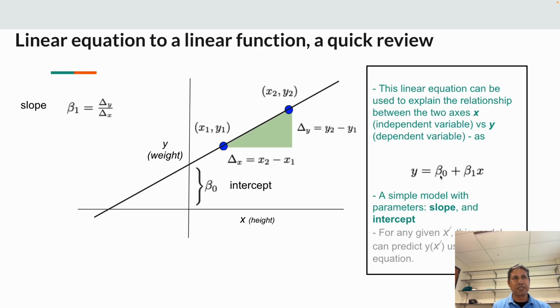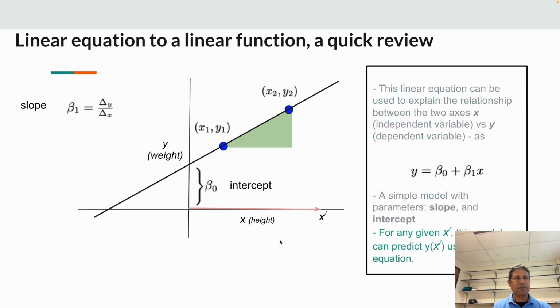That will give you the value of beta 0. So again, if you know beta 1, from any of these two points, you can estimate beta 0 by plugging in the y and x values. Once you have those parameter values, you can make a prediction for a new data point.